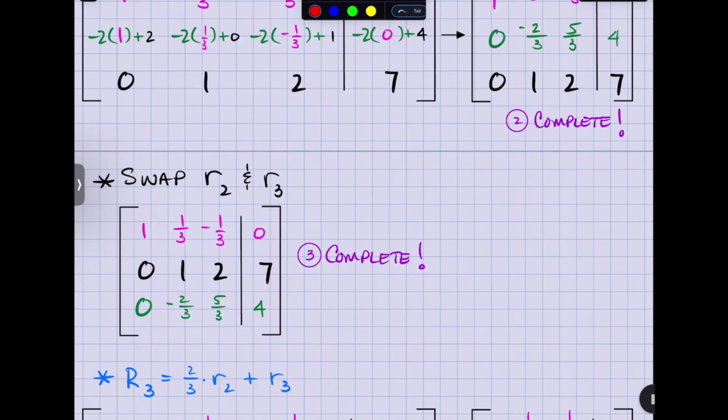Because a lot of times you get one side done, you're like, woohoo! And you go get the other side done, and you go, oh, crap. The other side just got screwed up. Right? So somehow you got to keep one side done while making the other side go. All right. So now I got to make this a 0, don't I? So how do I use 1 to make this 0?